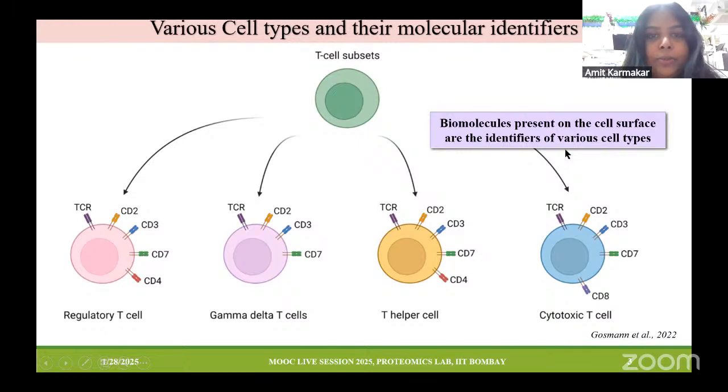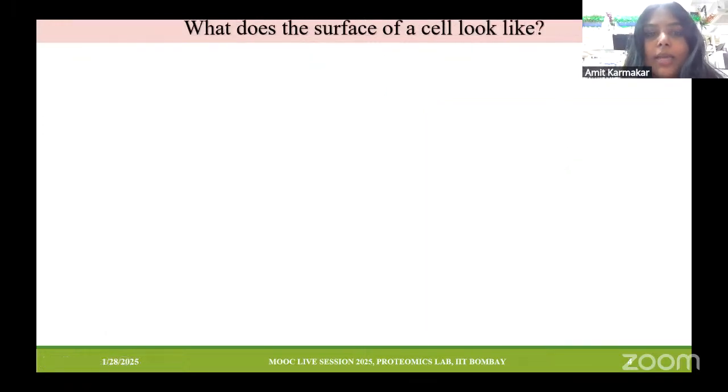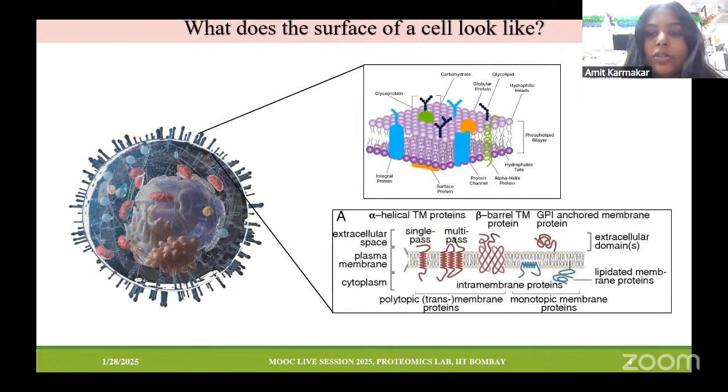Now, let's look at what the surface of a cell looks like, and how we can differentiate one cell from another depending on the biomolecular signature of the cell surface. A typical cell surface looks like this.